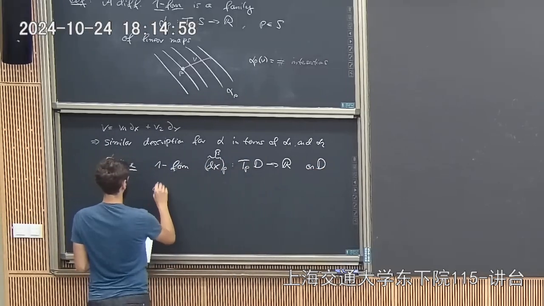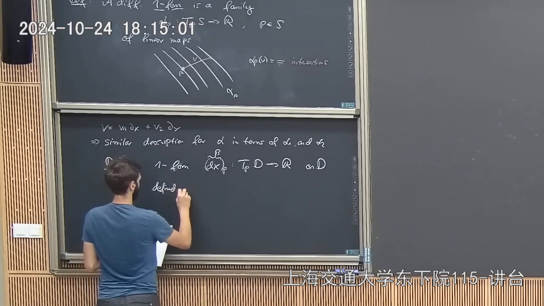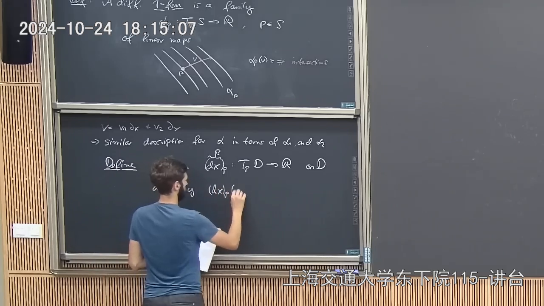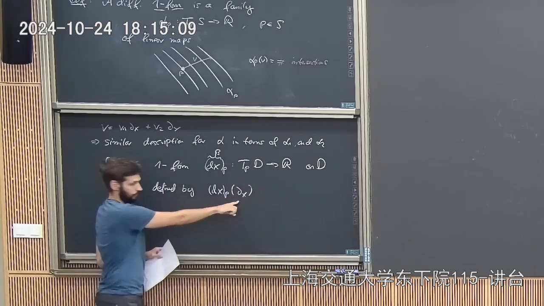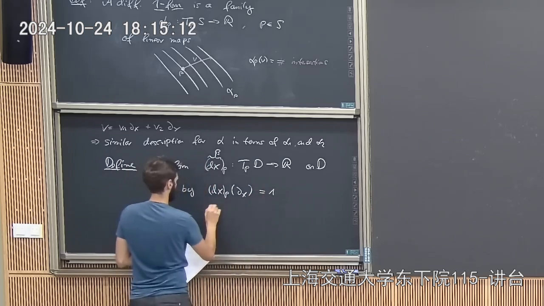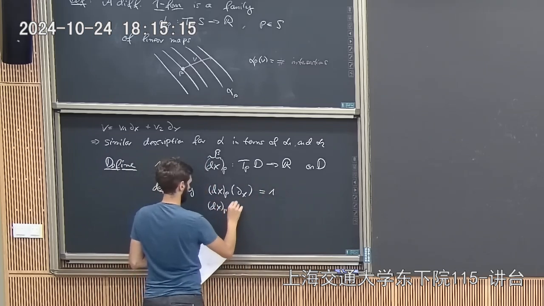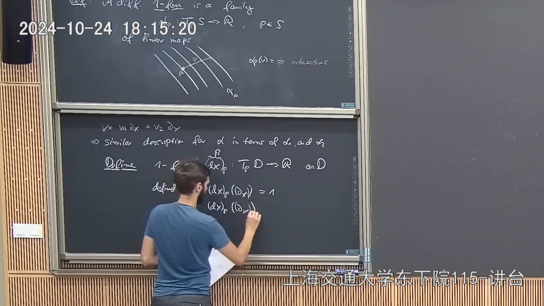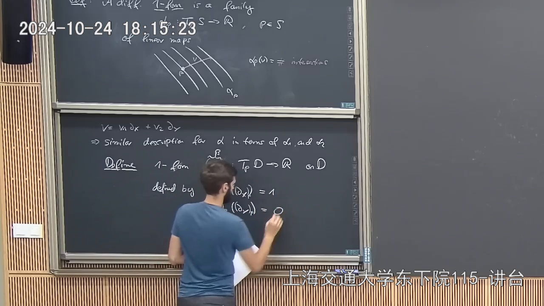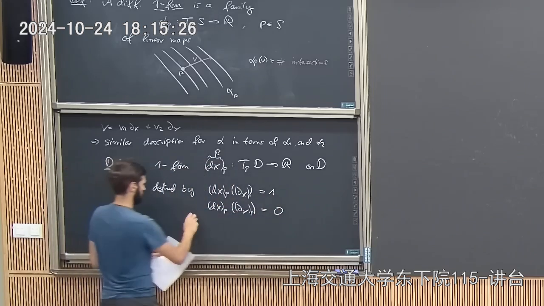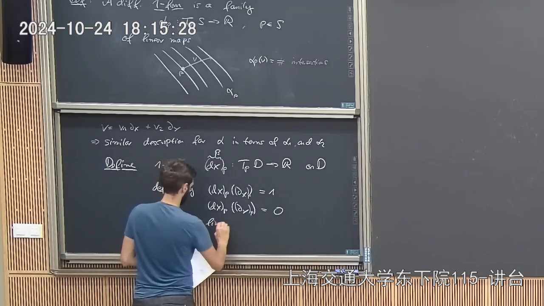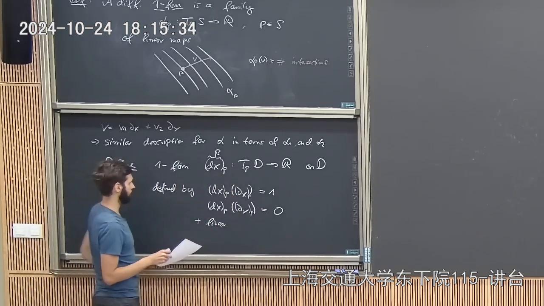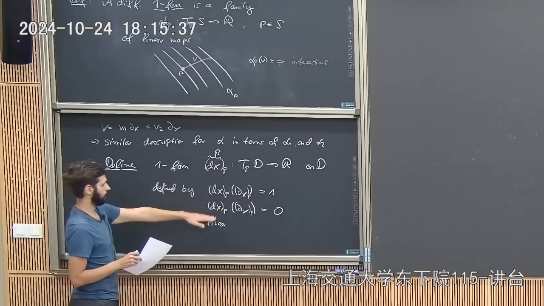The way we do this is we say that once it hits dx, it gets the value 1, and if it hits the tangent vector dy, then it gets 0. And of course, we want this to be linear, so every other vector we just extend by linearity. So that's a linear map that we define that way.